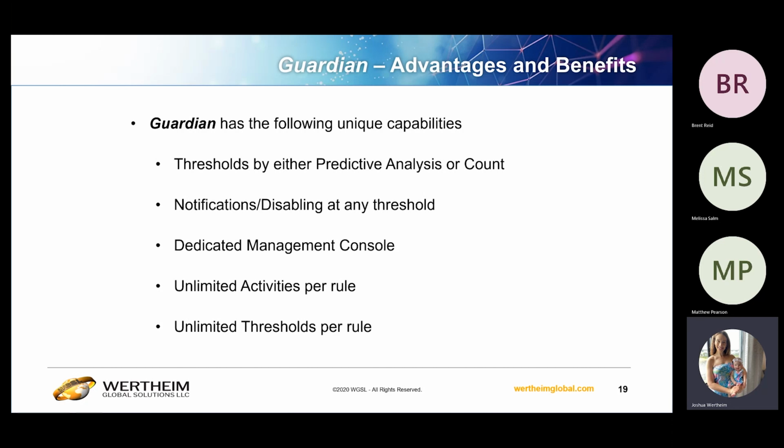Any threshold can be the producer of a notification and or a disable. It's got its own management console. And of course, there are unlimited activities that can be monitored per rule and unlimited thresholds per rule that can be set.